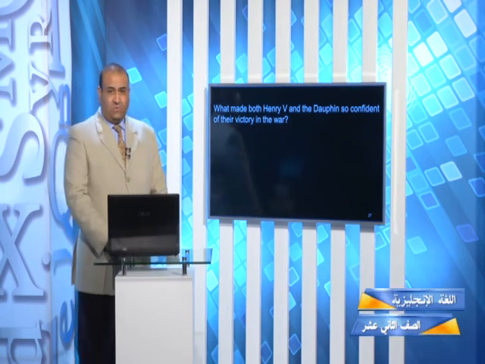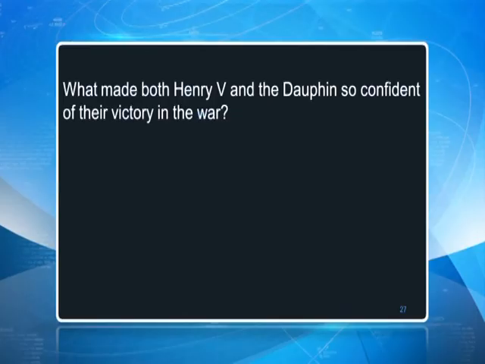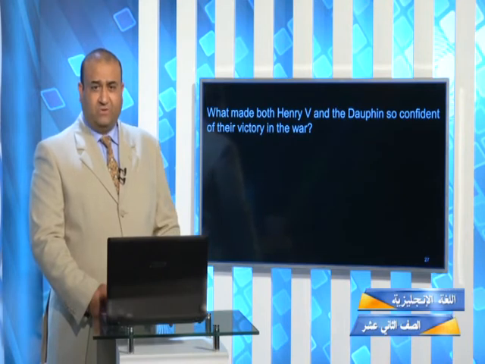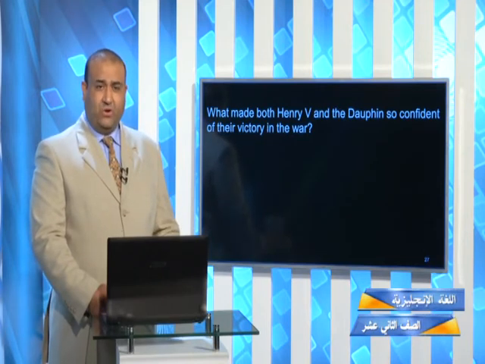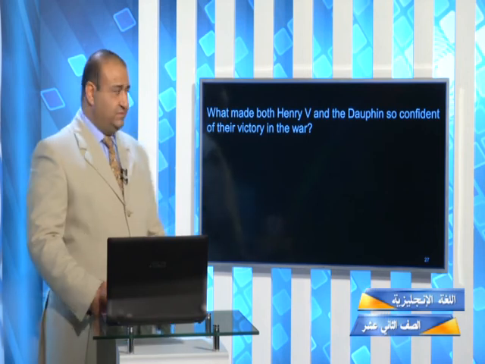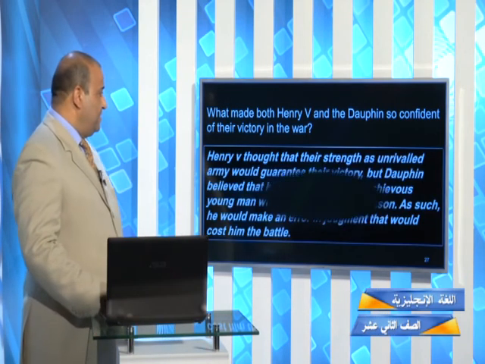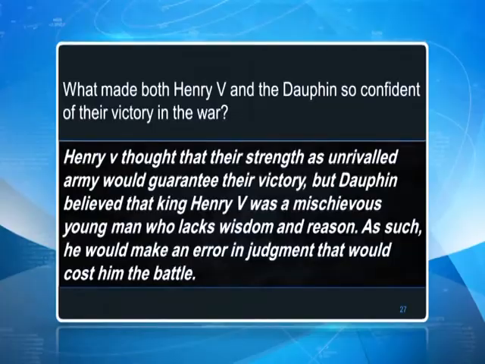This is your second question. What made both Henry V and the Dauphin so confident of their victory in the war? So both parties are confident that they are going to win the war. Of course, everyone has his own reasons for thinking like this. This is the answer. Henry V thought that their strength as an unrivaled army would guarantee their victory.